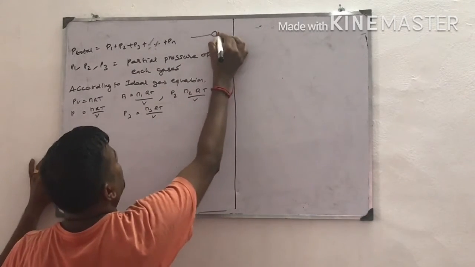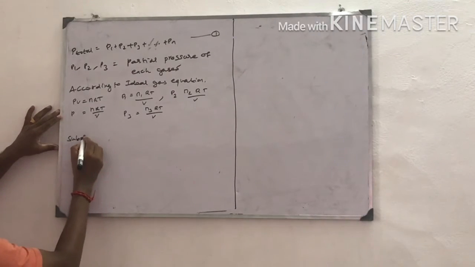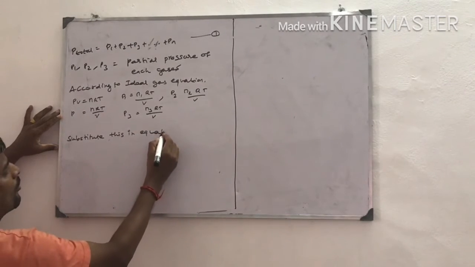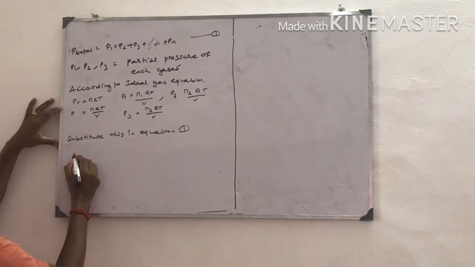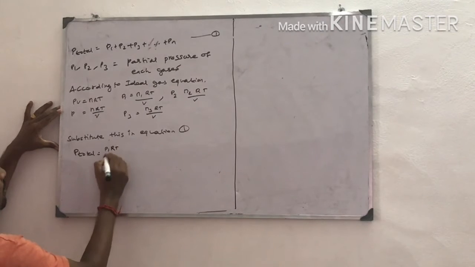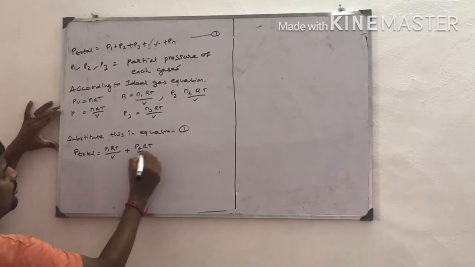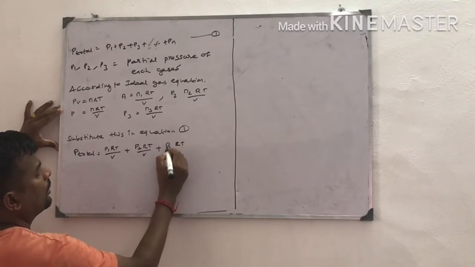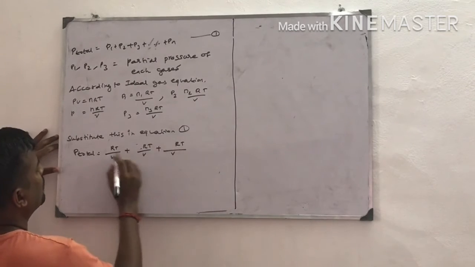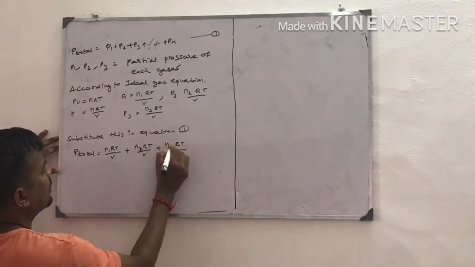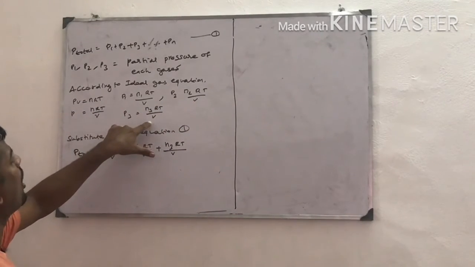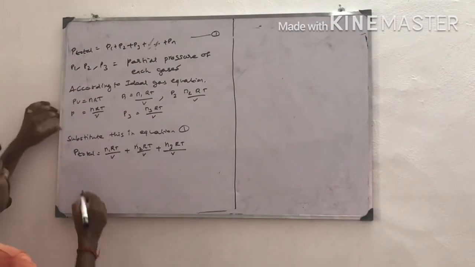Substitute this in equation 1. So P total is equal to n1RT by V plus n2RT by V plus n3RT by V. Instead of P1, P2, P3 we substitute n1RT by V, n2RT by V, n3RT by V in the first equation.